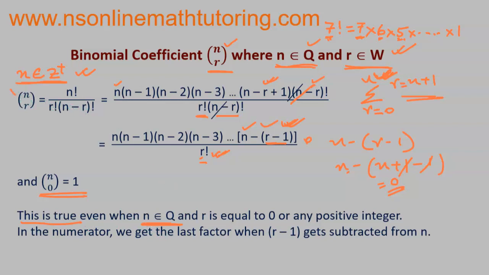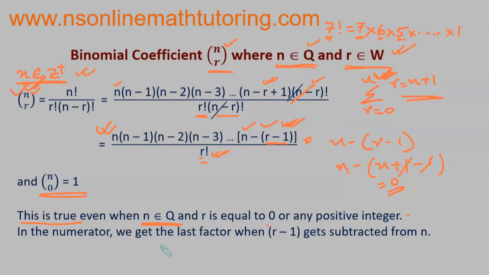NCR is equal to this, no matter whether n is a positive integer or a rational number, which can be a negative integer or a fraction as well. This NCR expression is exactly the same, and r is equal to 0 or any positive integer.